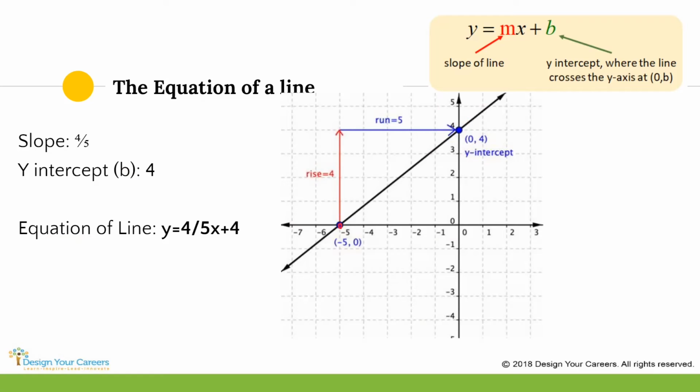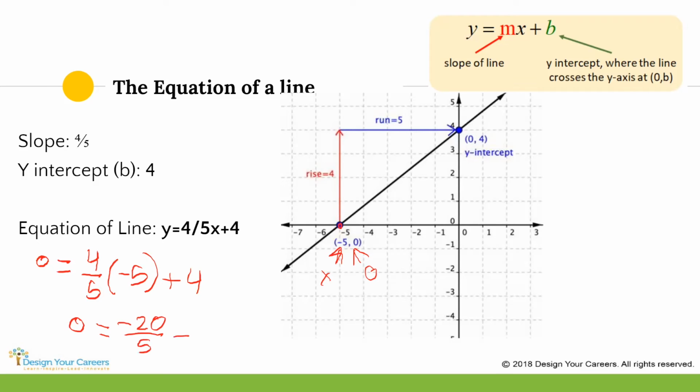Our x value is -5, our y value is 0. So we know 0 should be equal to 4/5 times -5 plus 4. 0 should be equal to -20 divided by 5 plus 4. All I did was pretend like -5 was over 1, and you multiply across, so you get -20 over 5.